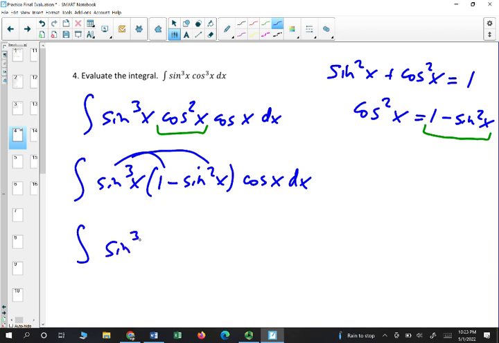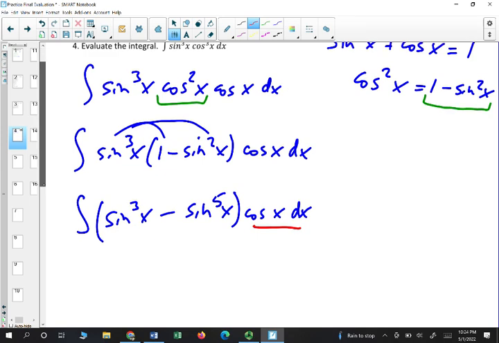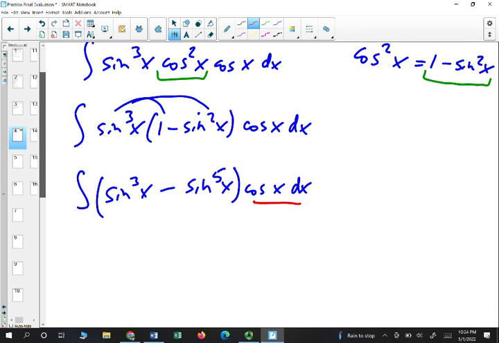So sine cubed x minus sine to the 5th x, and then we can distribute cosine x to both terms as well.